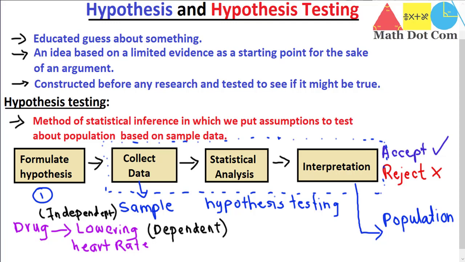Before that we cannot say whether that assumption is true or not. So hypothesis testing is necessary to understand whether our educated guess, our limited evidence, is true, or is it providing meaningful information, or it just happened by chance.